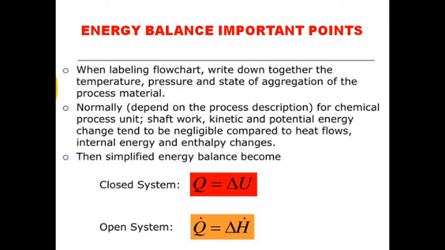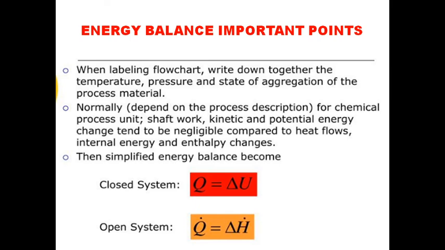So for a closed system, capital Q is equal to delta U. Why? Because the work is negligible. What is the relation between heat and internal energy from the first law of thermodynamics? Delta U is equal to Q plus W. But here there is no work.